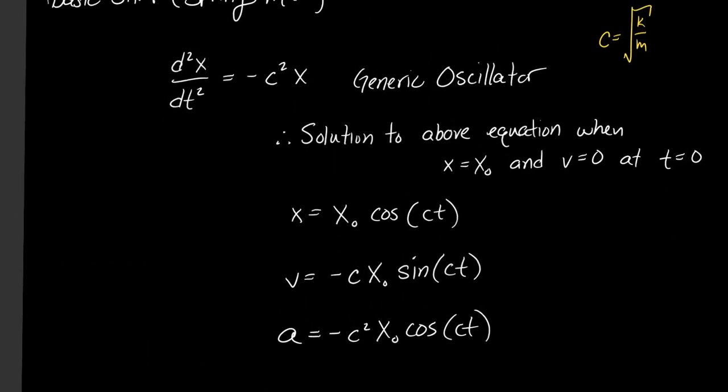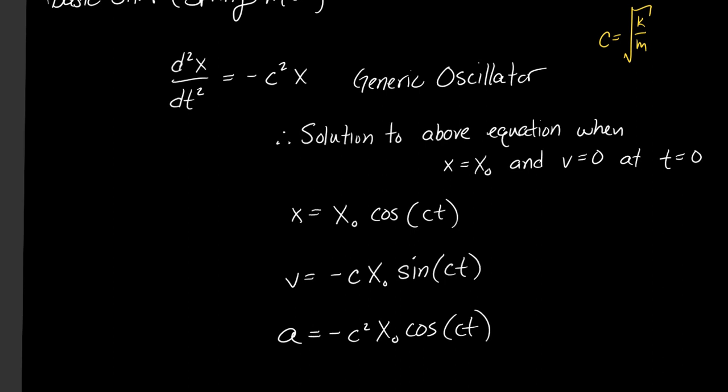At time 0, this function is at x naught. How long do we have to wait until we are back at x naught? What does the inside of this function have to advance to? 2 pi. So the period is defined as the time it takes for one oscillation.